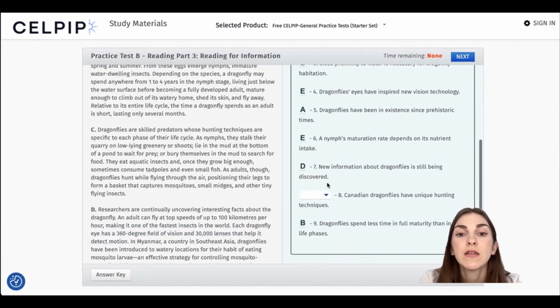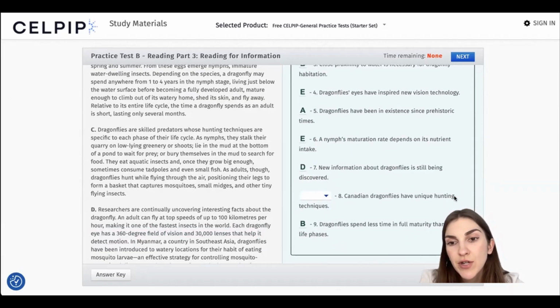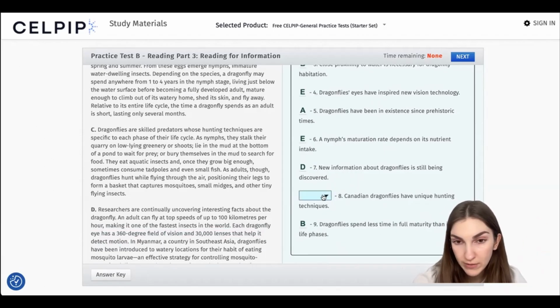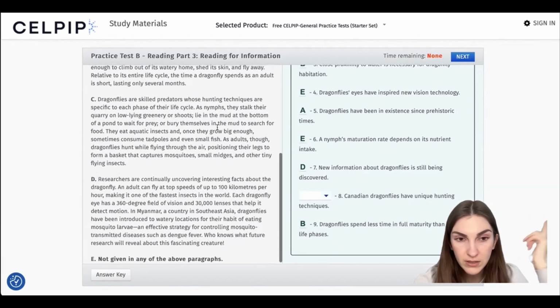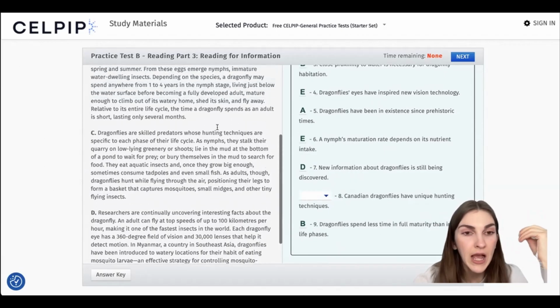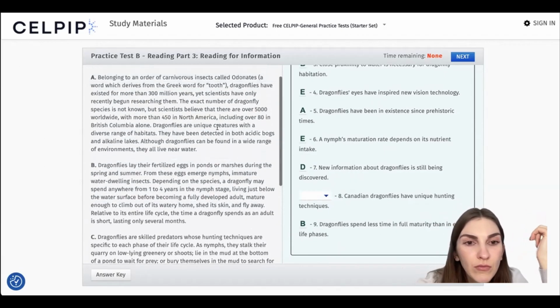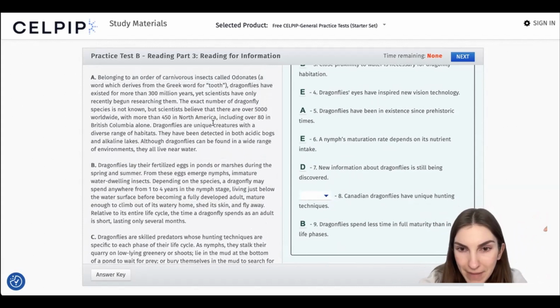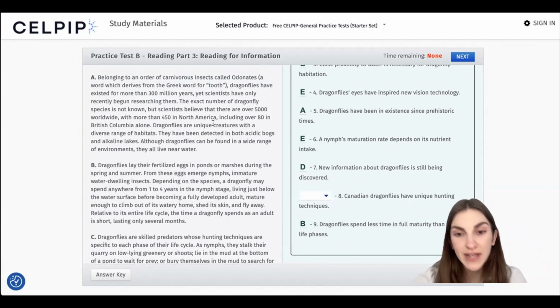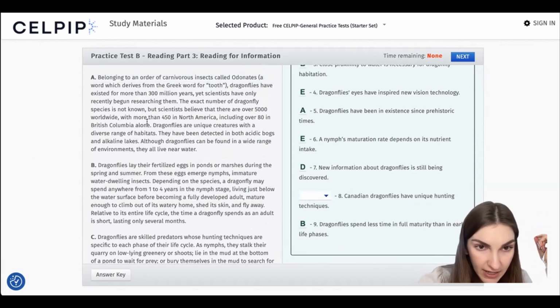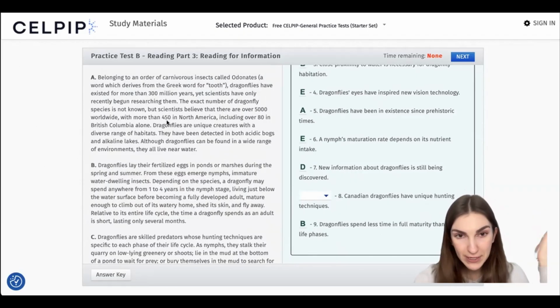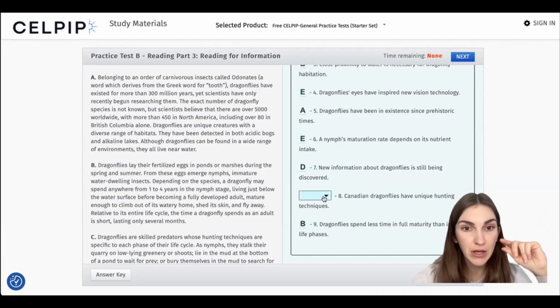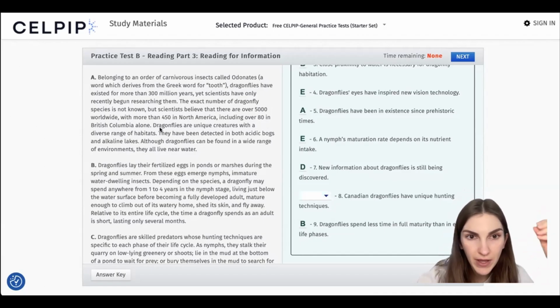Canadian dragonflies have unique hunting techniques. Do you remember the word Canadian anywhere in the paragraphs? No, there wasn't a word like Canada or Canadian. There was the word North America, but it doesn't say that they have unique hunting techniques. It just says that 450 species live in North America, including over 80 in British Columbia alone.